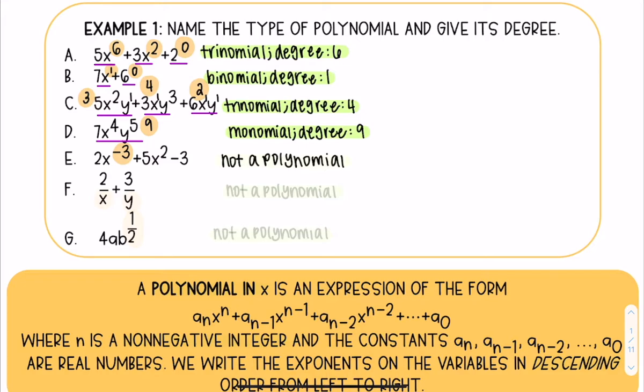What about for part F? This one breaks the other rule that I talked about, and that's because the x and the y are in the denominators, and we said that couldn't happen. So this is also not a polynomial.